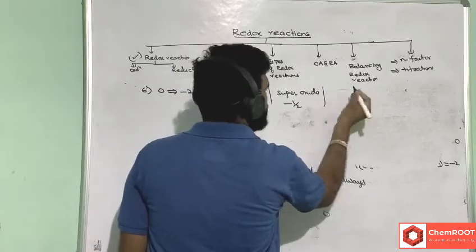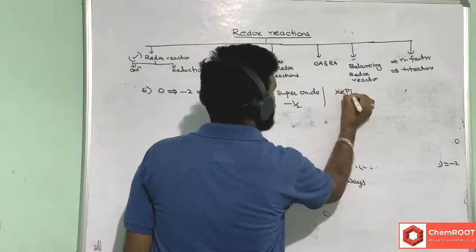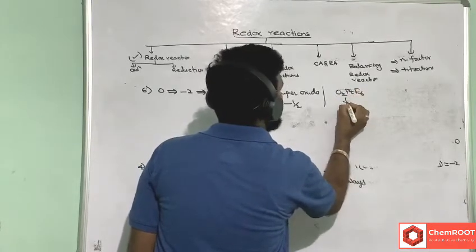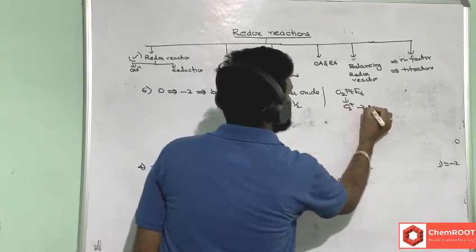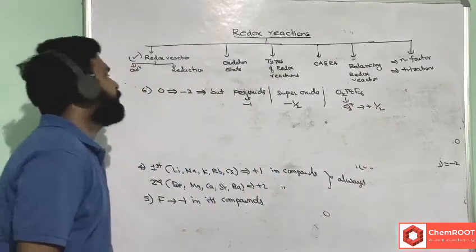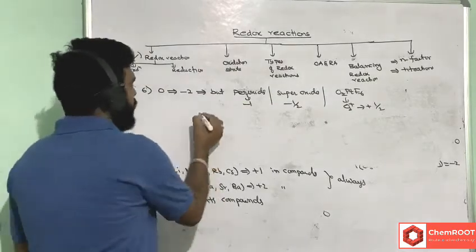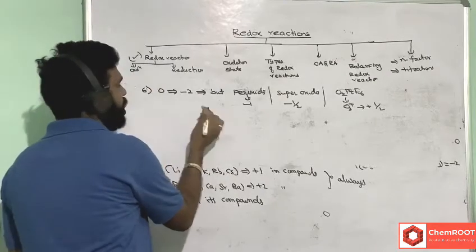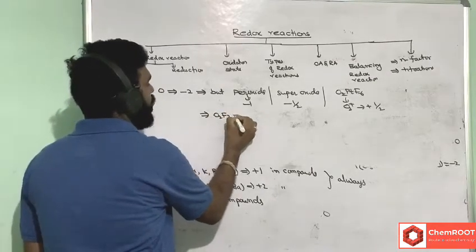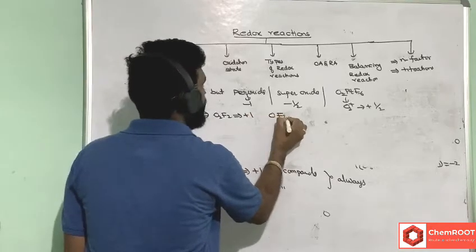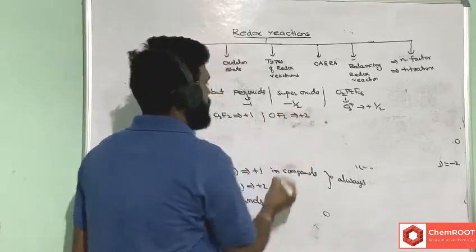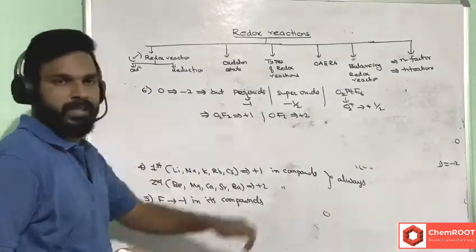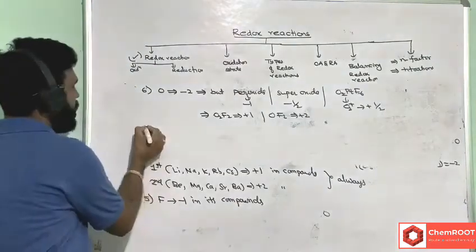Like in XePtF6, we have the O2+ ion, in which the oxidation state is +1/2. Other than that, it shows a positive oxidation state only with fluorine. In O2F2, it is +1, and in OF2, it is +2. So it shows a positive oxidation state when attached to a more electronegative atom.